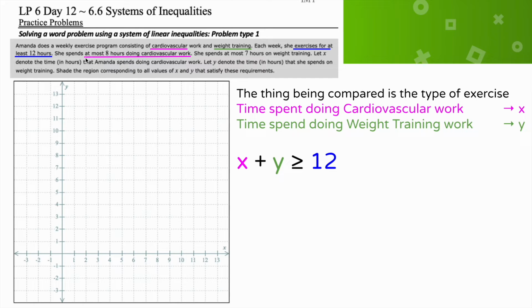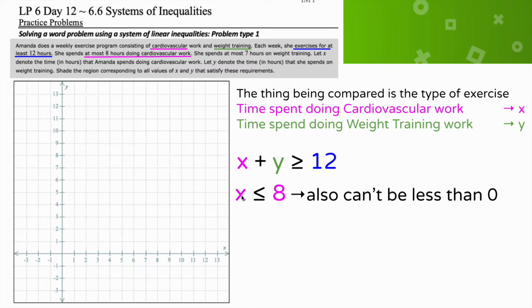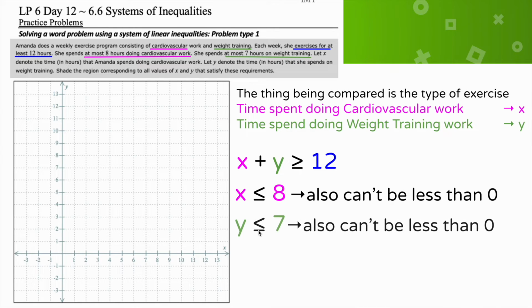Then it tells us she spends at most 8 hours doing cardiovascular work. So X is less than or equal to 8, and it can't be less than 0 either. She's not going to work less than 0 hours, but she's not going to go more than 8 hours. And she's also at most 7 hours of weight training, so that's another less than or equal to 7.